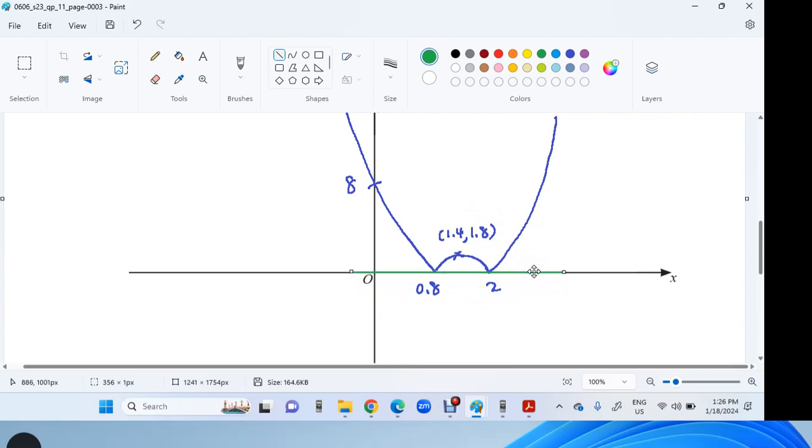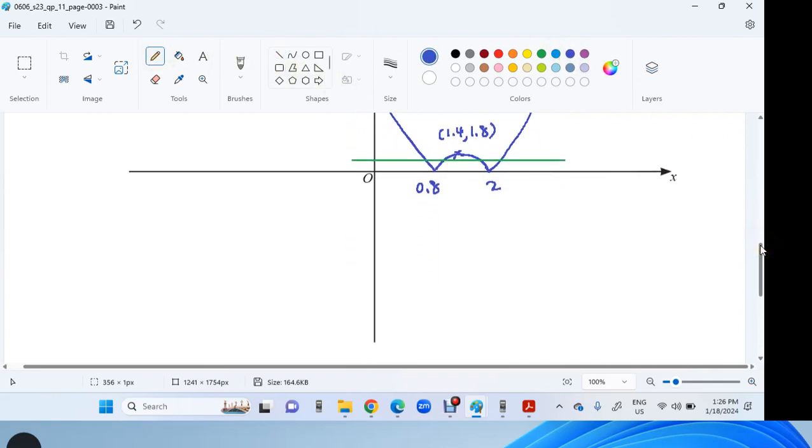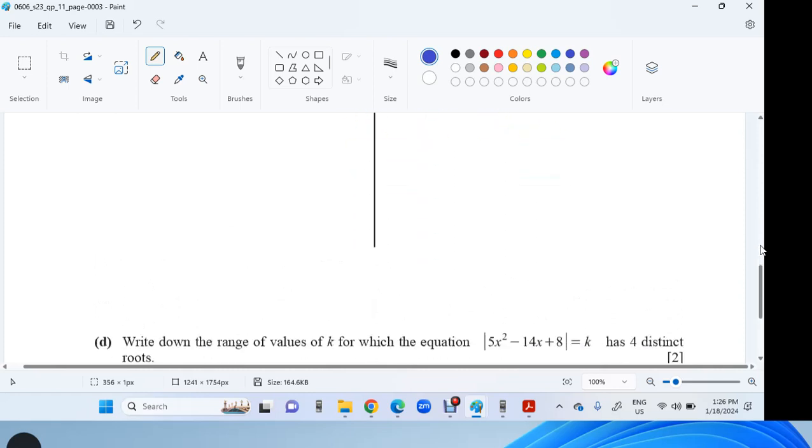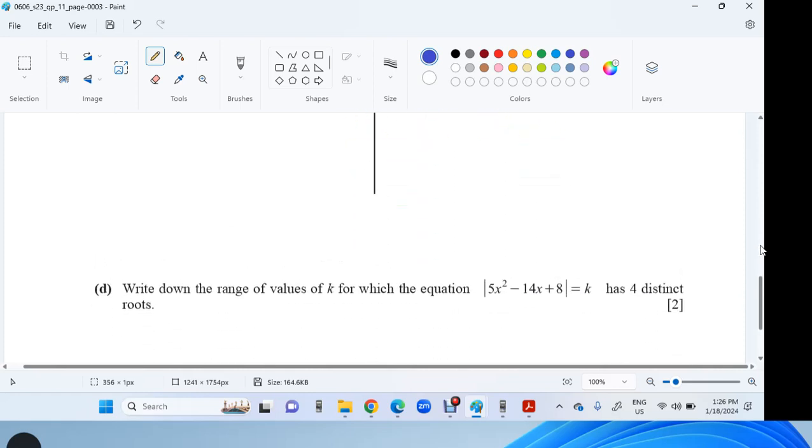Equal to 0, 2 roots. Greater than 1.8, 2 roots as well. And at 1.8, 3 roots. Between 0 and 1.8, there are 4 distinct roots.